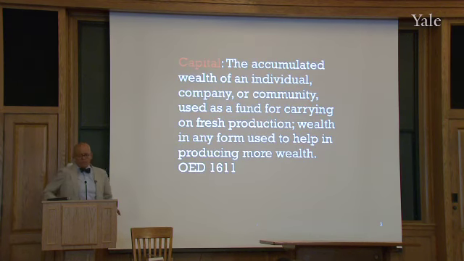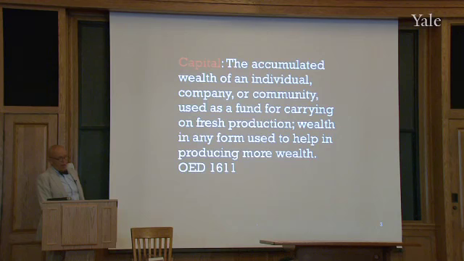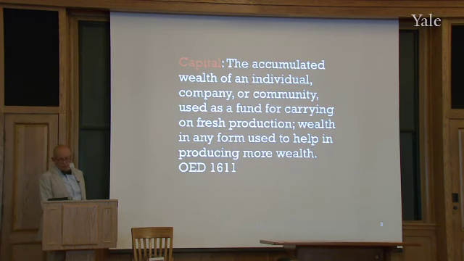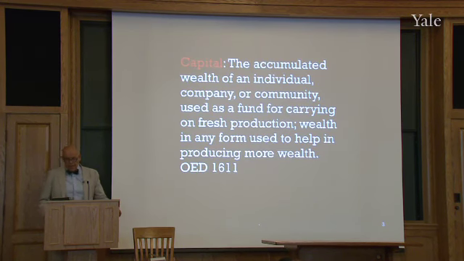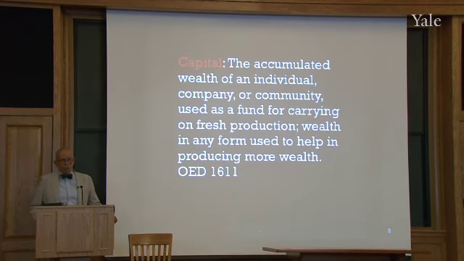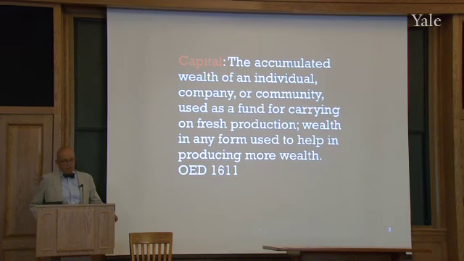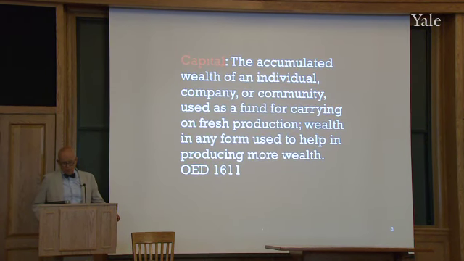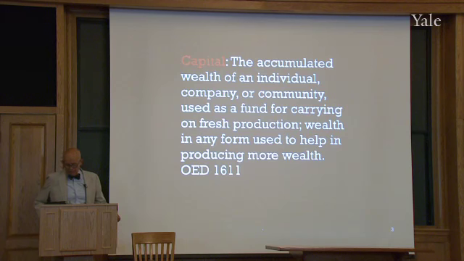This is a definition that comes down to us through the Oxford English Dictionary from the early 17th century. And let me read it in full, and then we'll boil it down to more manageable terms. Capital is the accumulated wealth of an individual, company, or community used as a fund to carry on fresh production.